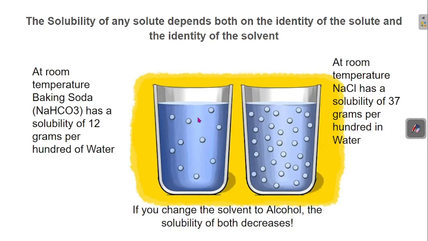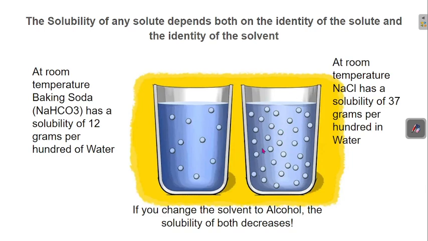Examples. At room temperature, because you're going to see in a minute that temperature affects solubility. You're going to be doing an experiment about this as well. So at room temperature, if you have baking soda in water, with 100 grams of water in both cases, because solubility is given in 100 grams of the solvent, 100 grams of water can hold 12 grams of baking soda, but it can hold 37 grams of table salt.